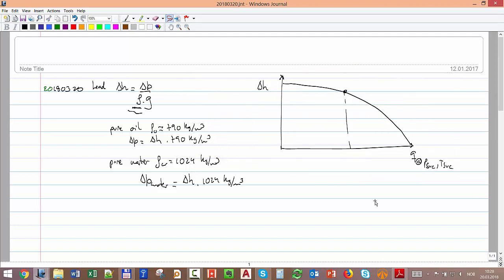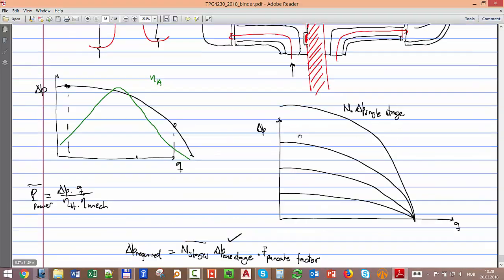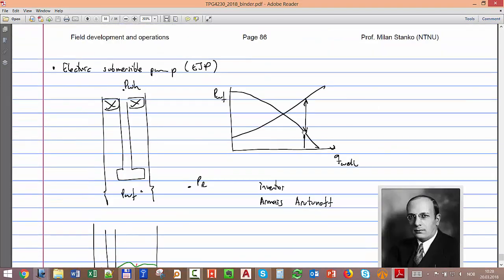But another thing that you have to be aware of is how ESPs control the rate. Say I have that case, here, and now I want to use another rate.